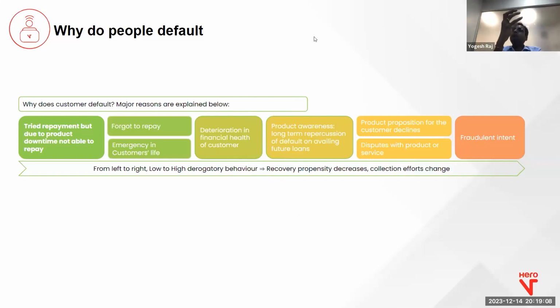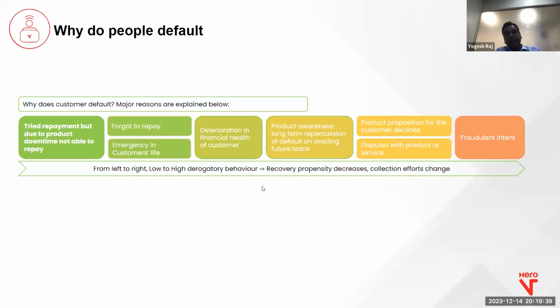All these banks report your default to the credit bureau, and any financial institution trying to assess you to give a loan checks that data: have you defaulted with someone or not repaid someone? So sometimes, because of less awareness, many customers just default and take it lightly. If they had been aware of the repercussions, probably they would have repaid.